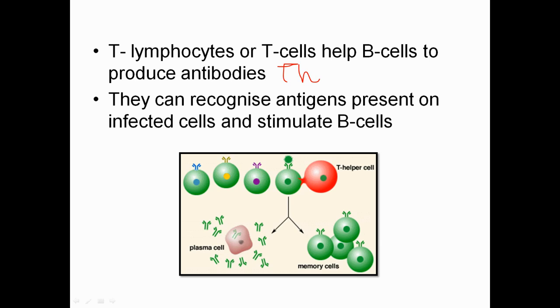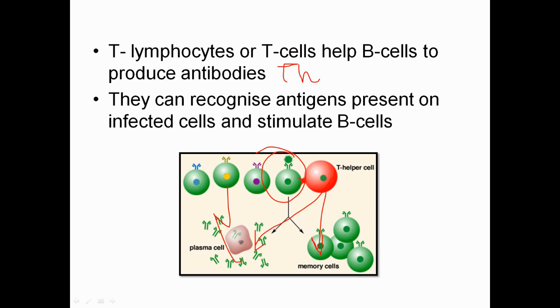How is it going to help? First of all, it takes the message from the infected cell and transmits that message to the plasma cells, asking them to please secrete that kind of antibody. And it also stimulates memory T cells to create a memory simultaneously for the same kind of antigen.